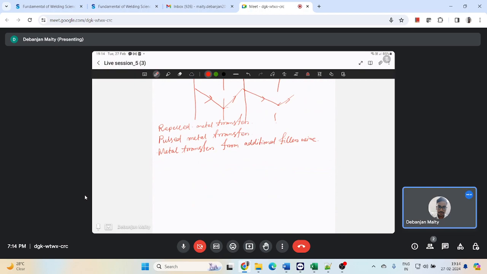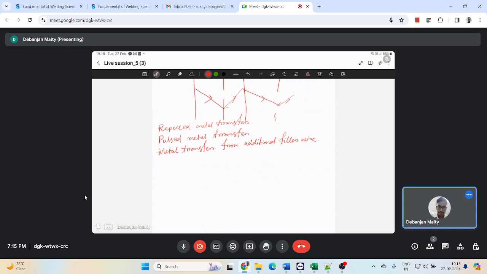This situation can be encountered when CO2 is used as the shielding gas, particularly at low and moderate currents. If you're using this kind of gas shielding, it basically directs your drop away from the weld pool, so the gravitational transfer is not very reliable, and repelled transfer is undesirable since it causes too much spatter loss. So repelled transfer causes too much spatter loss, right?